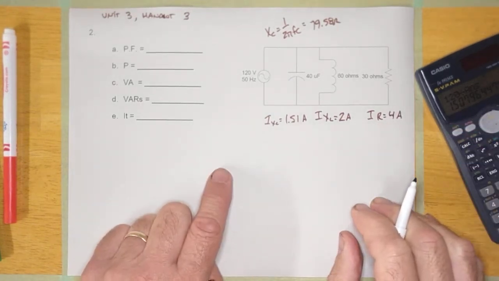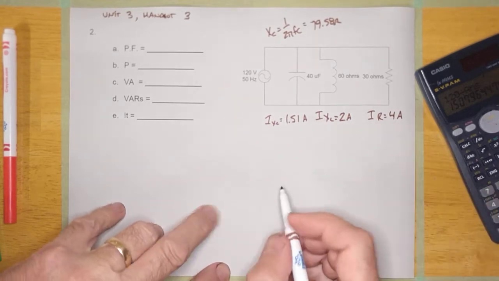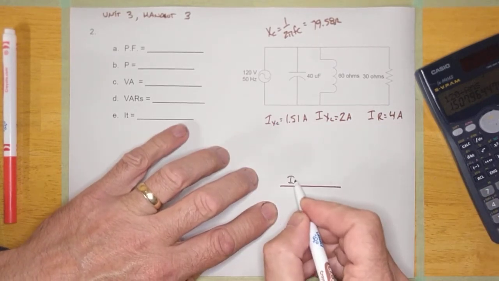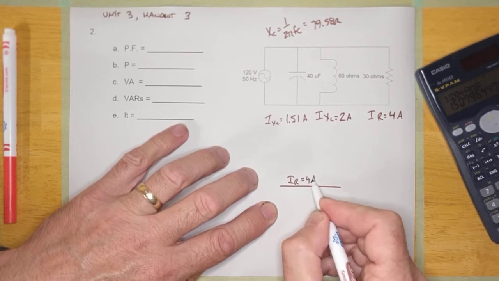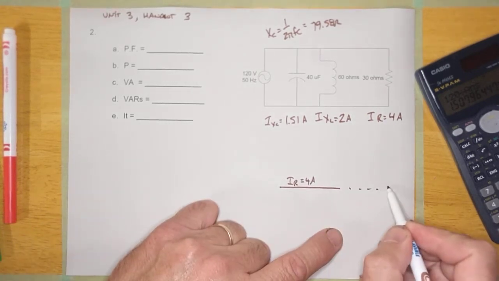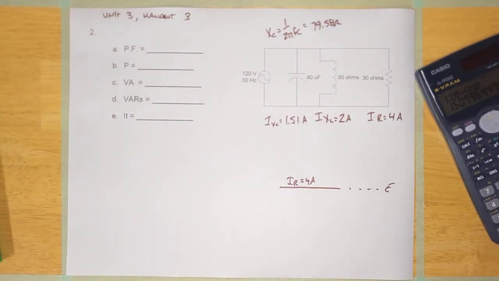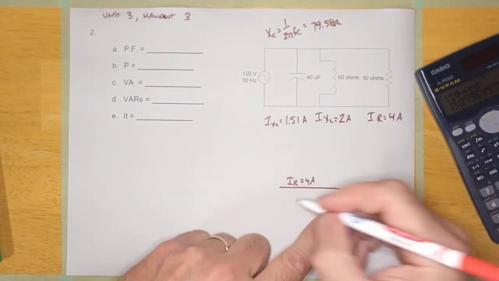All right, guys. Next thing I'm going to do is draw a current phasor diagram. So here's IR, comparing all this to the voltage. IXL needs to be drawn so that it is lagging, so it's down.